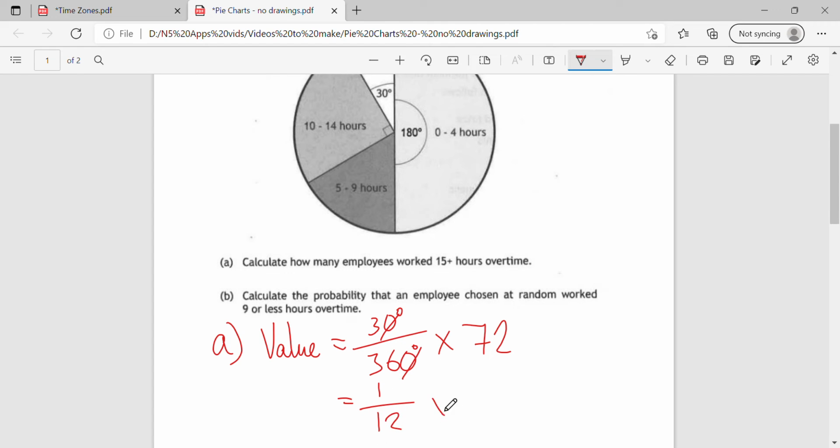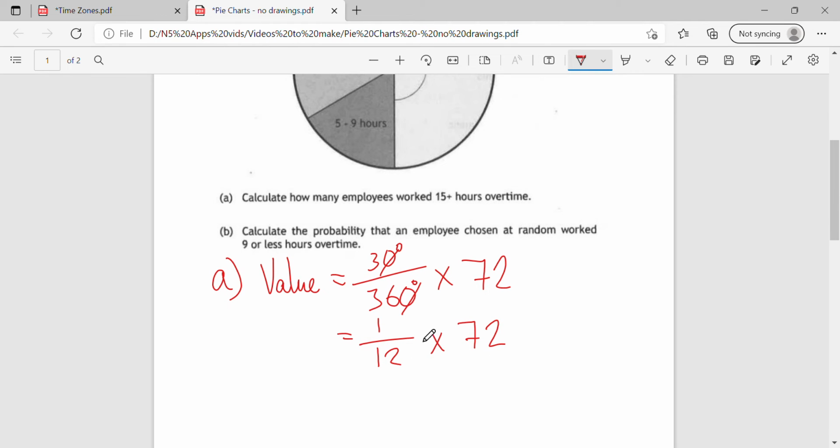So we actually end up doing 1 over 12 times 72, and obviously to find a 12th of something, I'm just dividing by 12, and 72 divided by 12 is 6. So that means that 6 employees worked 15 plus hours overtime.